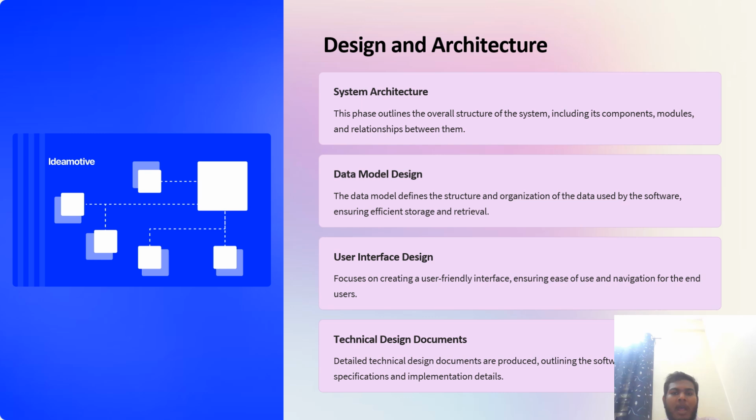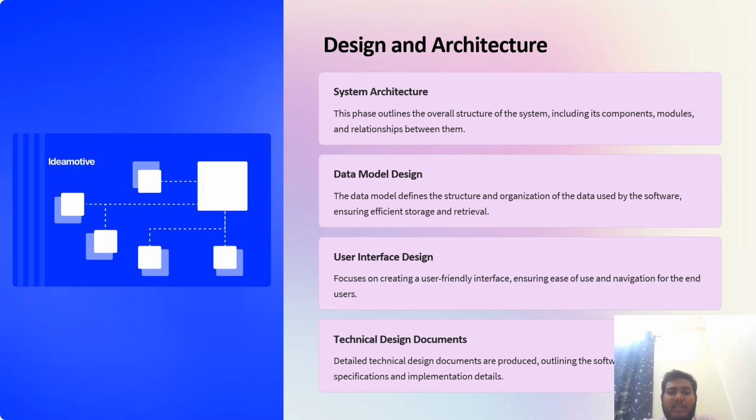Next, we see the design and architecture. The system architecture. This phase outlines the overall structure of the system, including the components, modules, and relationships between them. Next, data model design. The data model defines the structure and organization of the data used by the software, ensuring efficient storage and retrieval.